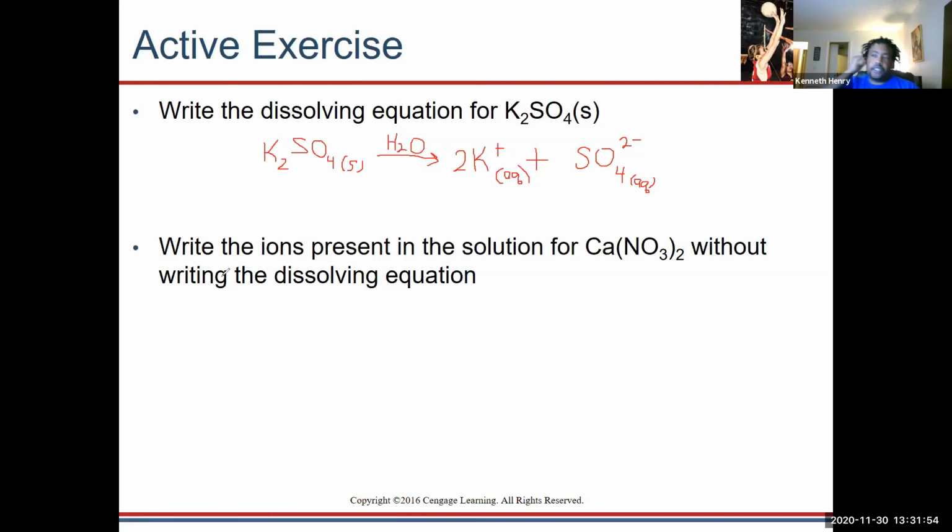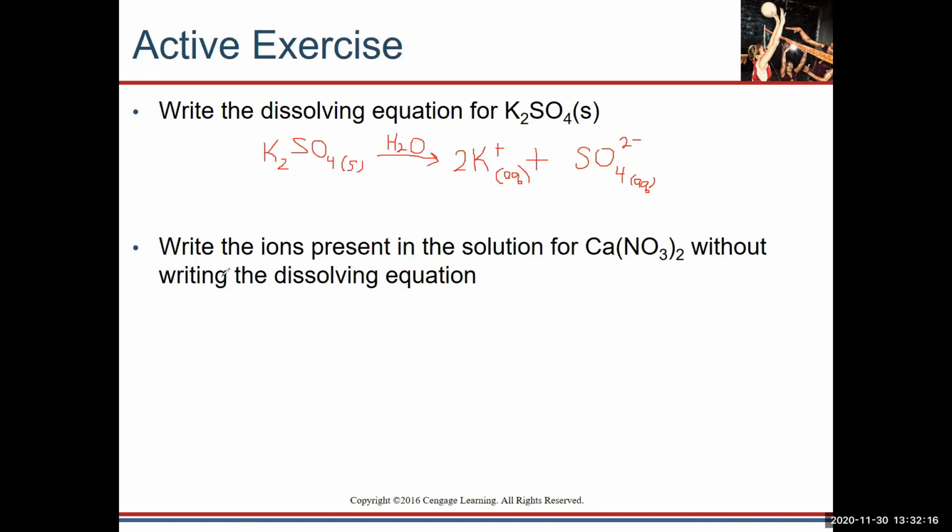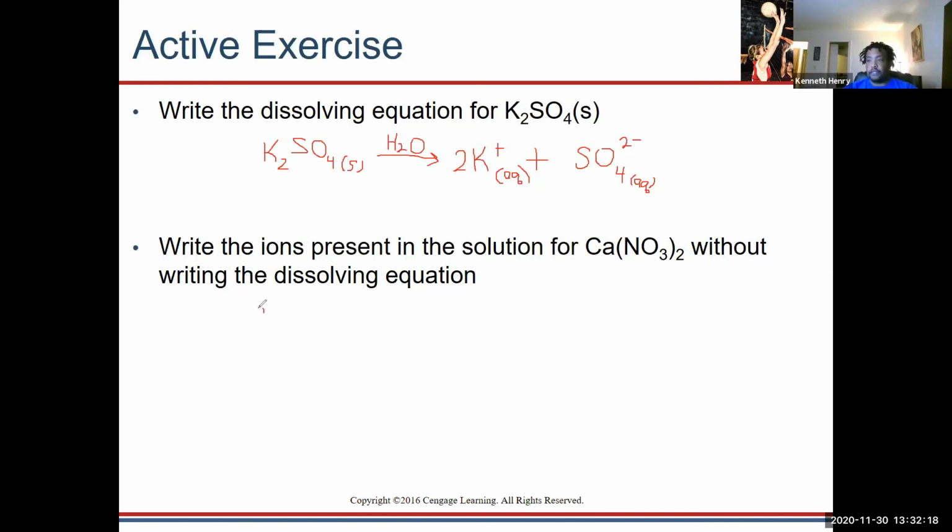Now write the ions present in the solution for calcium nitrate without writing a dissolving equation. So what are the ions that are going to be in a calcium nitrate solution? Calcium and nitrate. Okay, so that's the chemical formula.